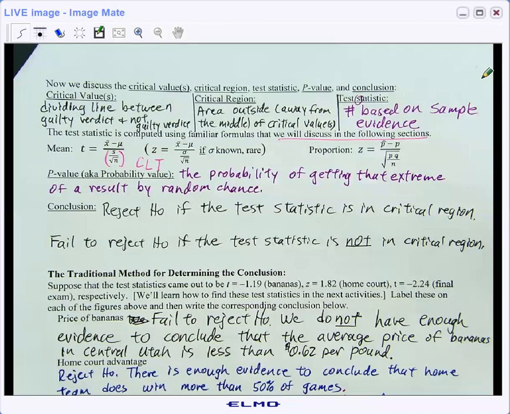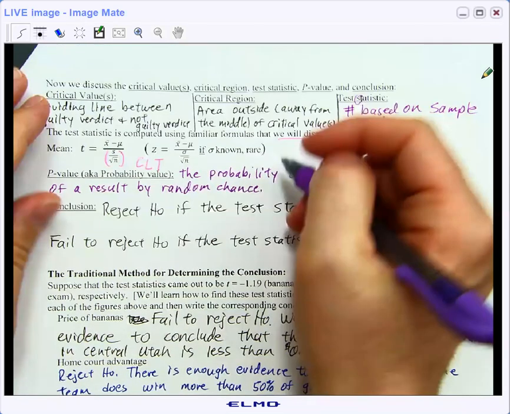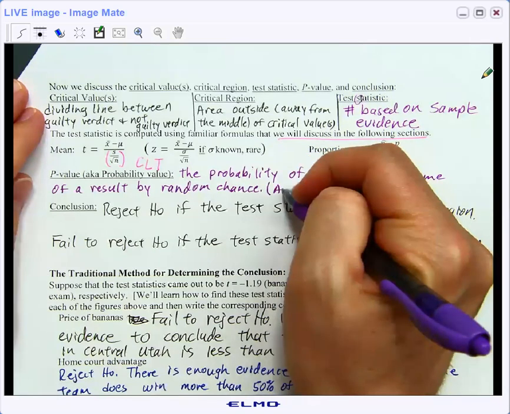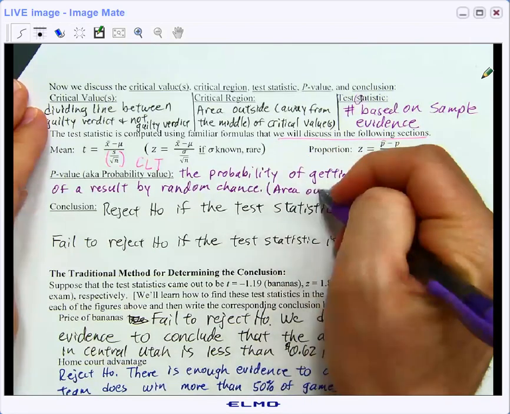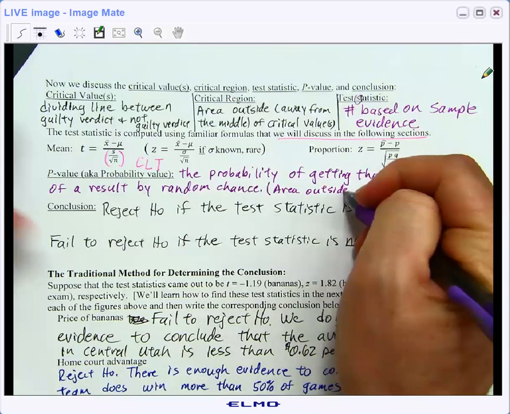And the p-value can be thought of as the area outside of our test statistic.